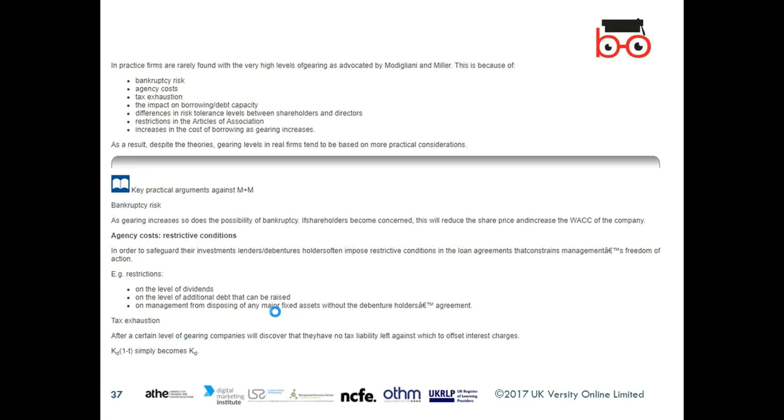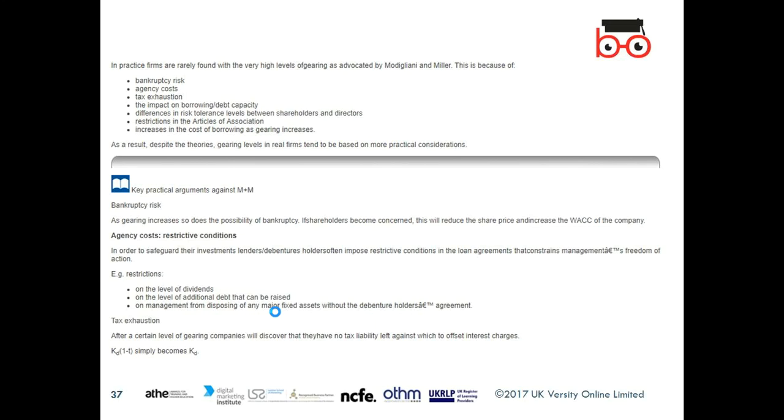In practice, firms rarely go to the high level of gearing advocated by Miller and Modigliani, because bankruptcy risk is there, agency costs are involved, and tax exhaustion. We can look at the impact of borrowing and the debt capacity, the difference in risk tolerance between the shareholders and the directors, and restrictions in the articles of association.